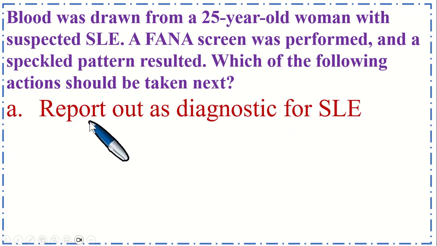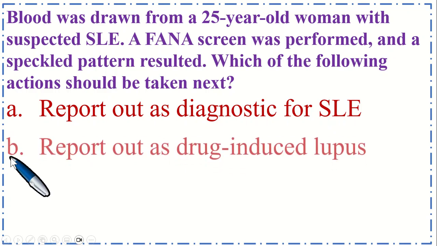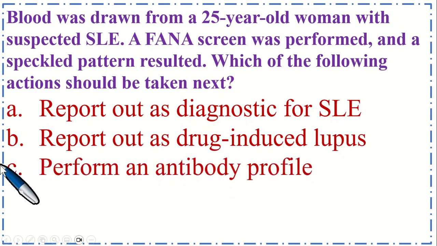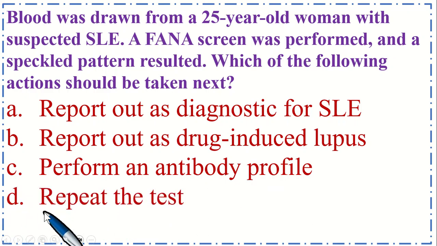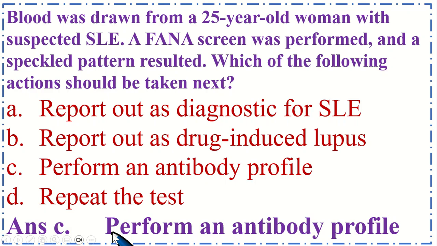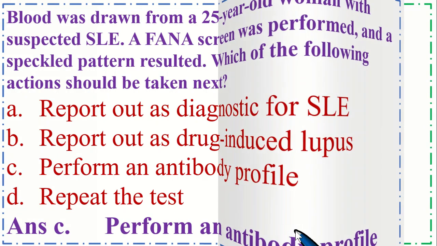Option A, report out as diagnostic for SLE. B, report out as drug-induced lupus. Option C, perform an antibody profile. And option D, repeat the test. So the correct option is C, perform an antibody profile.